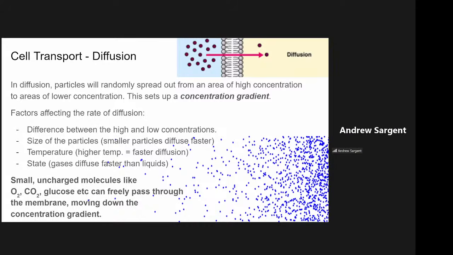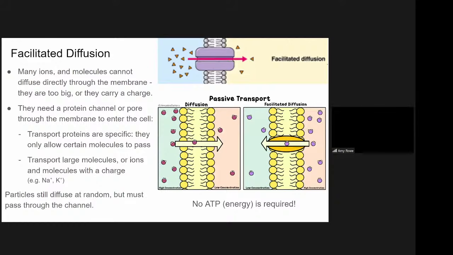So facilitated diffusion. As I said last time, things like oxygen, carbon dioxide, and glucose can quite easily and freely pass through the plasma membrane. However, that's not the same for all particles or all molecules. Things like ions and other molecules can't diffuse directly through the plasma membrane.